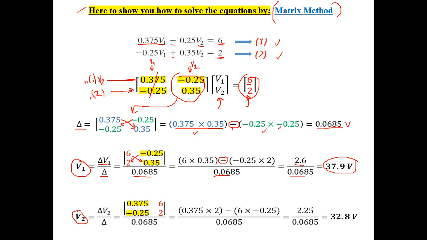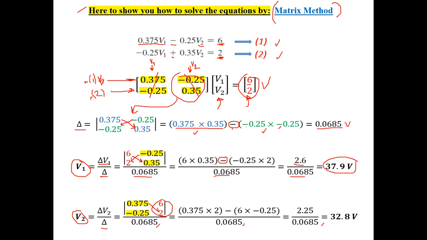V2 same. Delta V2 over delta. Again, we know the delta. For the delta V2 this time, you have to cancel this column, which corresponds to V2, and replace it with 6, 2, which is the constant from here. And just keep the first column as it is, from the first matrix. So 0.37, 5, and here this one minus 0.25.